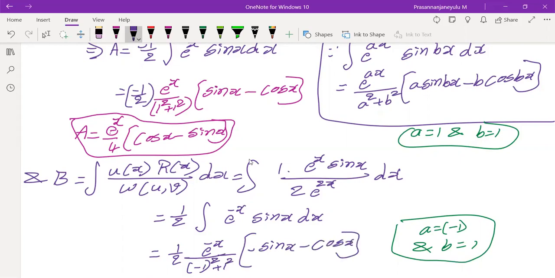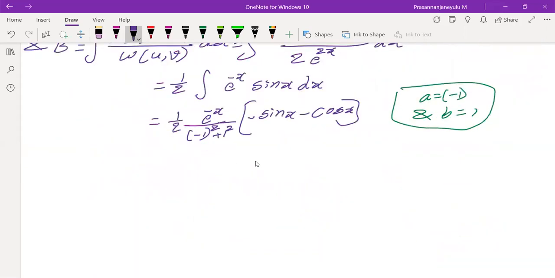If we do the simplification, is it clear to everybody? minus 1 whole square is 1, plus 1 square is 1, 1 plus 1 is 2. So e power minus x by 4 into minus sin x minus cos x. This is our B.